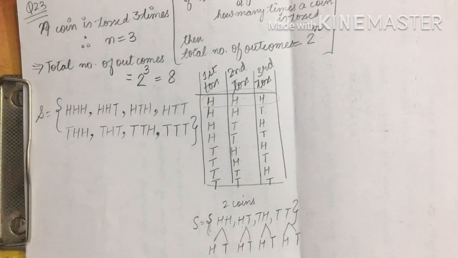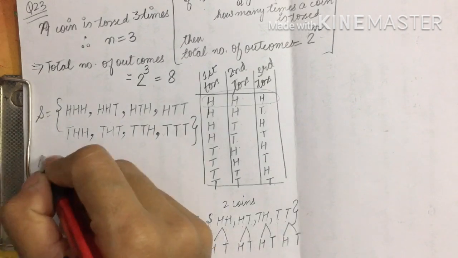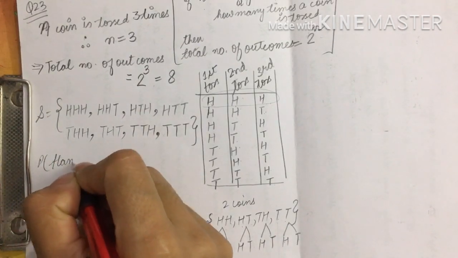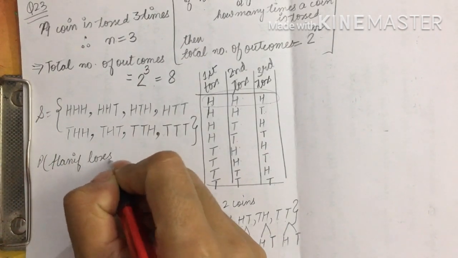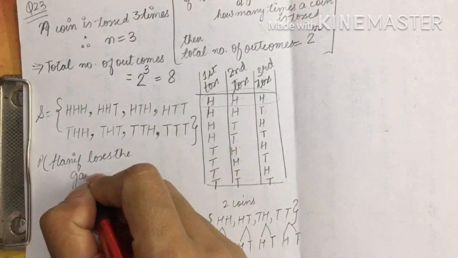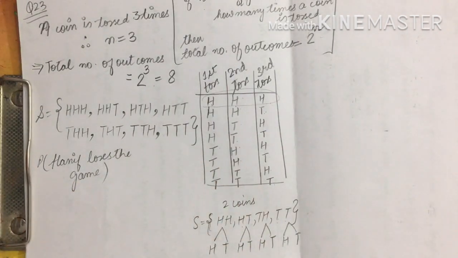Based on your sample space, let's write down what is the probability that Hanif loses the game. So Hanif wins if he gets the same result all 3 times.